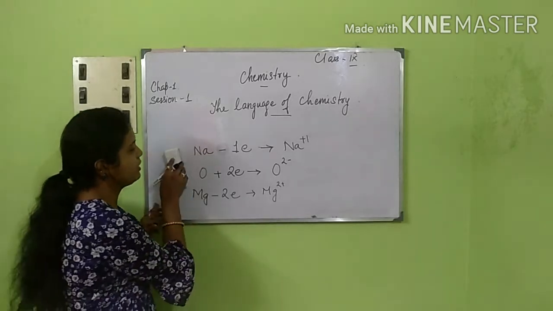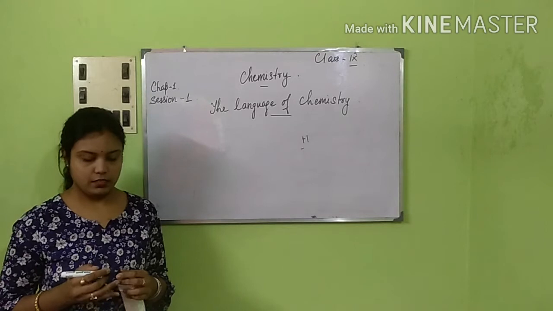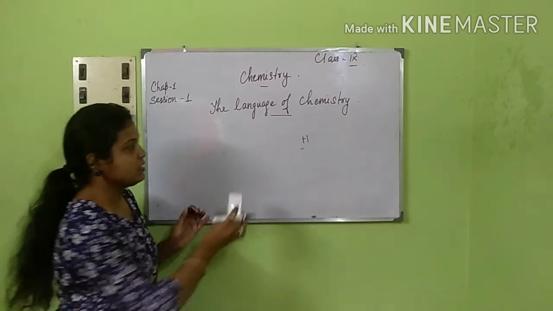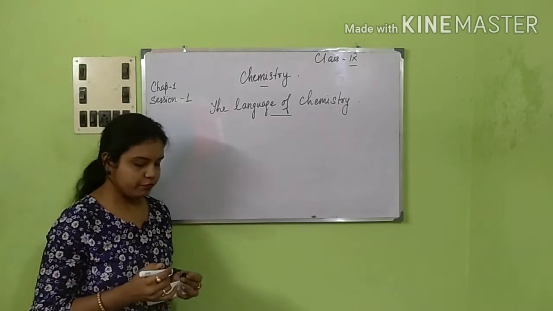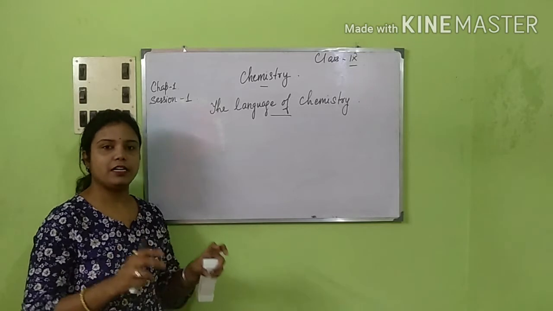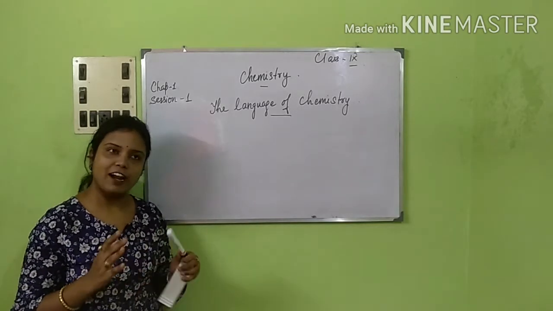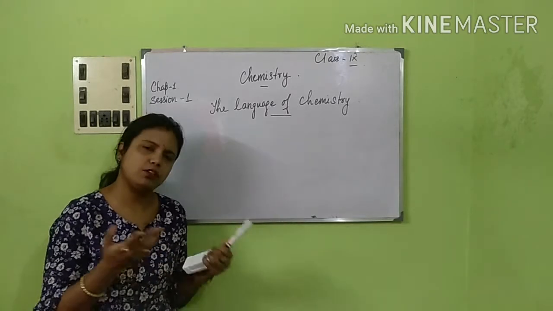Next comes your radicals. Now, what about radicals? Radicals are generally groups of atoms which show a particular valency, either positive or negative.